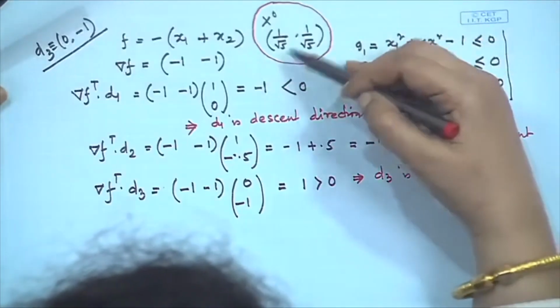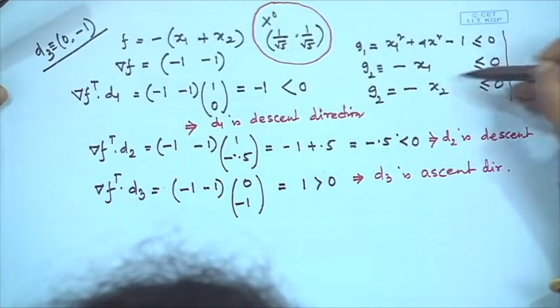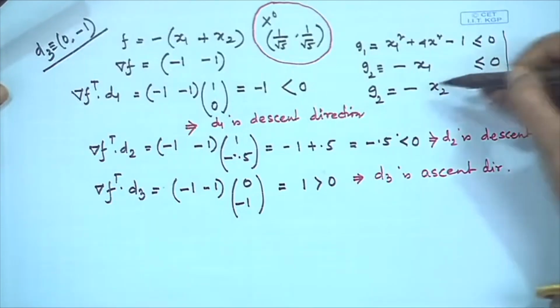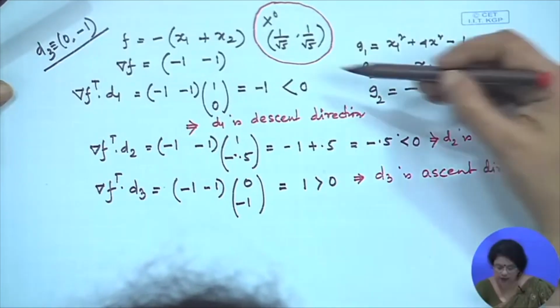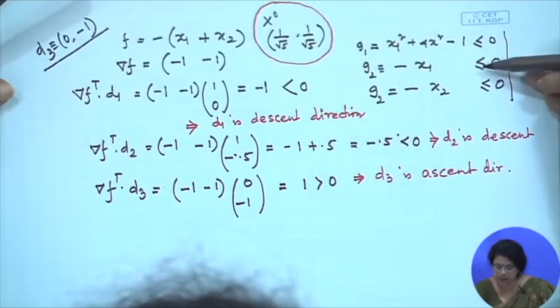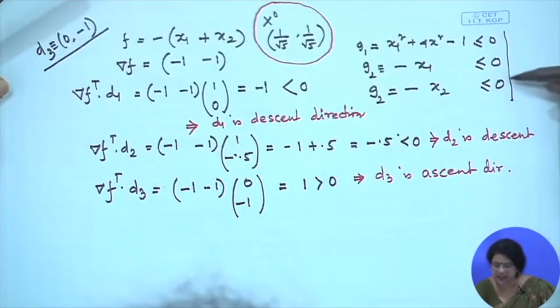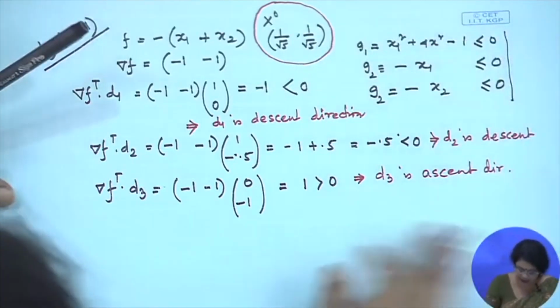Now, if we see the constraint set, first of all, g2 is not an active constraint. g3 is not an active constraint. Is that so? No, because minus 1 by root 5 is not equal to 0, that is why this is not active.